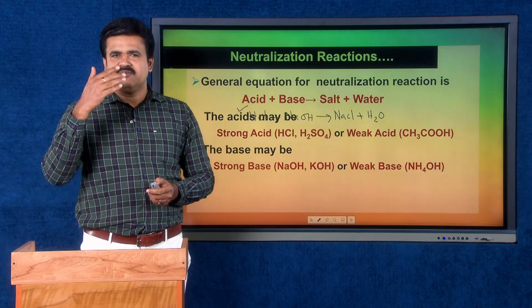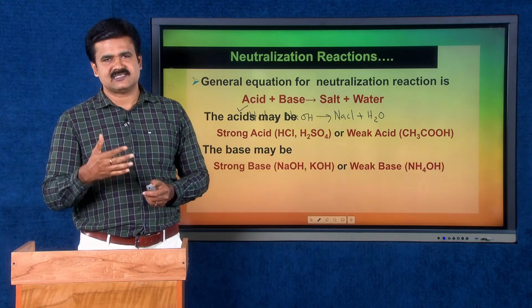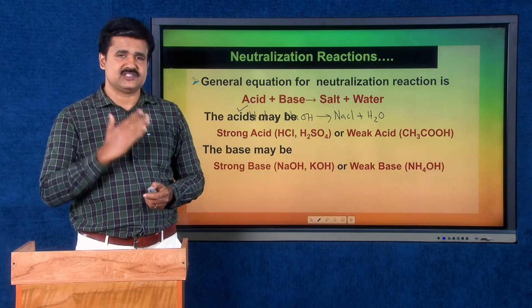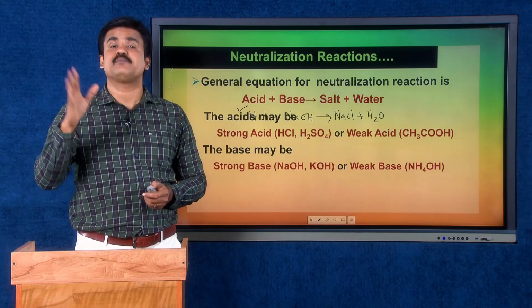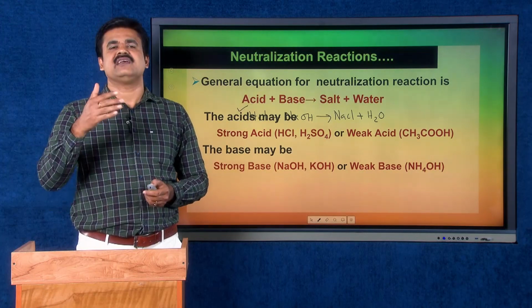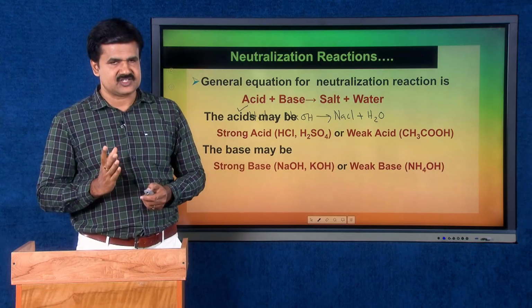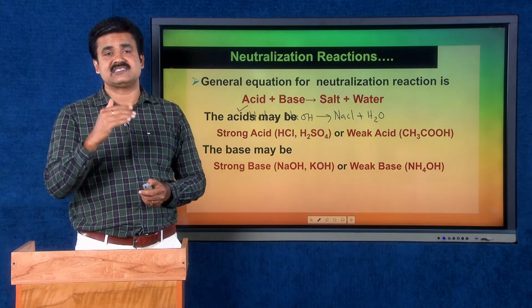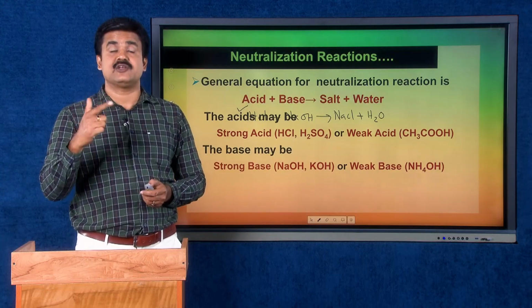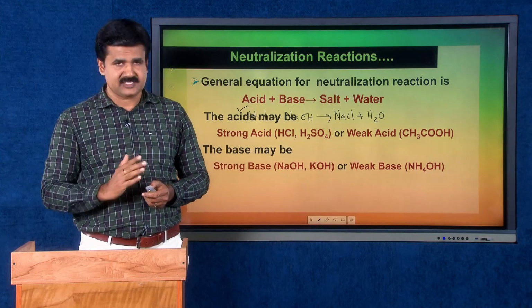Which part differentiates between strong and weak acids and bases? It is based on ionization. A strong acid or a strong base will undergo 100% ionization, but a weak acid or a weak base will undergo only partial ionization. So this classification, strong or weak, depends on their extent of ionization. This is an important point that you have to keep in mind.